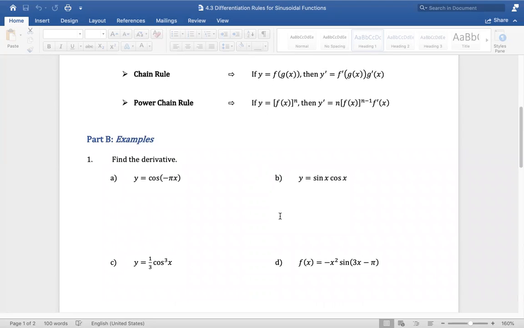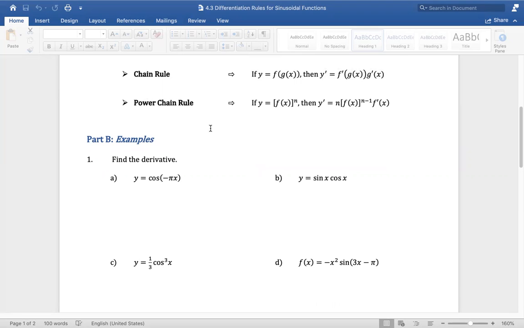Then we have the chain rule, which is if I have a function within a function. So then to get the derivative of those two functions, basically I get the derivative of the outer function first. I leave the inner alone. Then I multiply by the derivative of the inner function. So do the outer, leave the inner, and then multiply by the derivative of the inner.